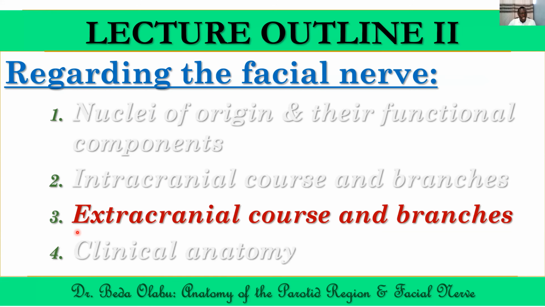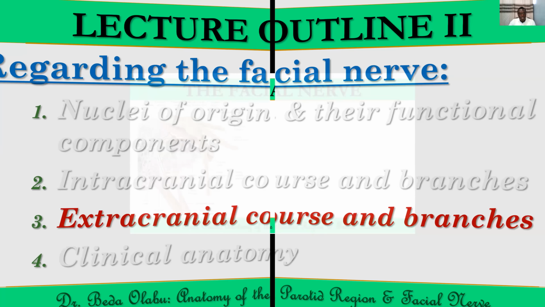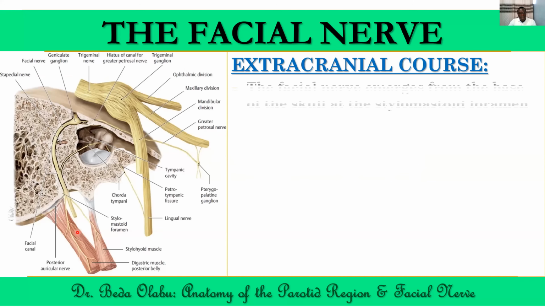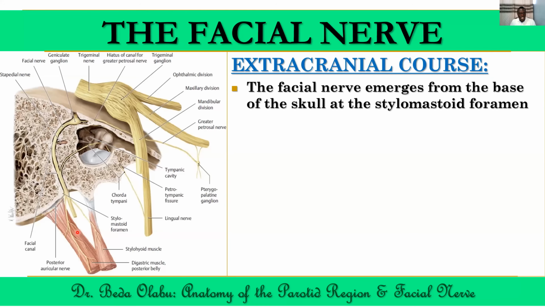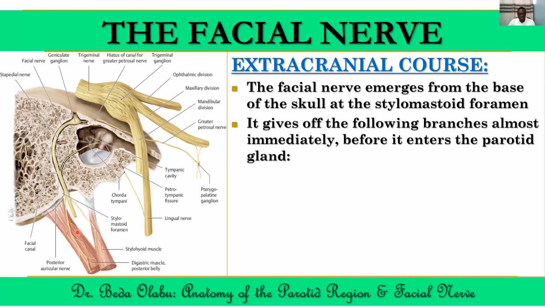Now we can talk about the extracranial course and branches of the facial nerve, having talked about the intracranial course and branches. The extracranial course of facial nerve is not that complex, it's straightforward. The facial nerve emerges from the base of skull through the stylomastoid foramen.